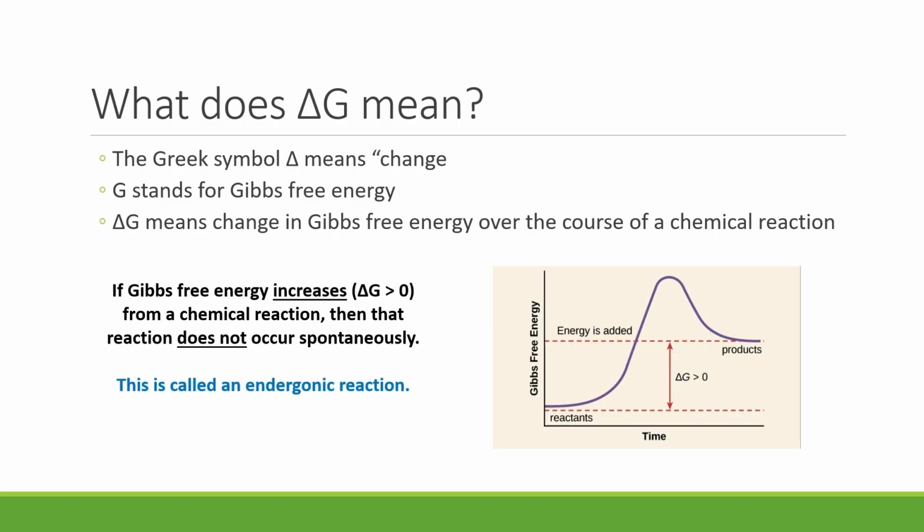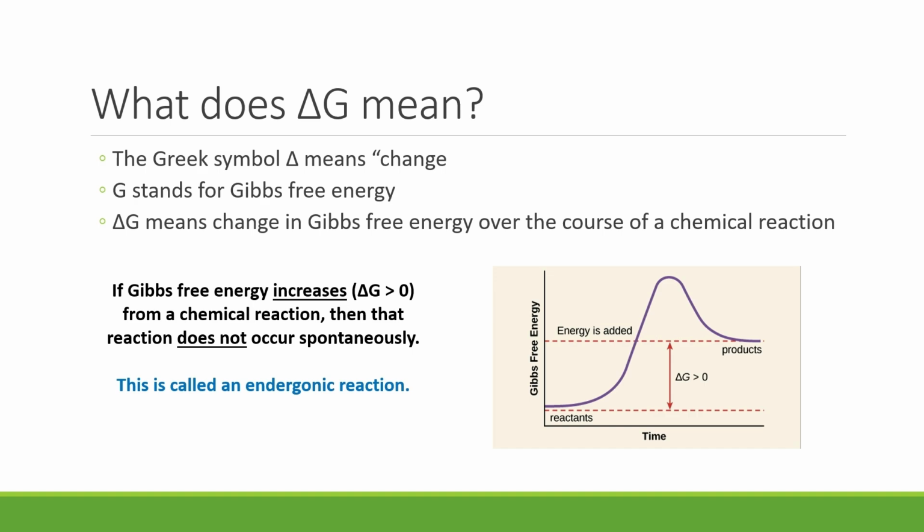Well, let's have a look at a reaction where Gibbs free energy increases. If Gibbs free energy increases, that means that delta G is greater than 0, meaning that there's an overall greater amount of free energy at the end compared to the beginning. The change in free energy is a positive number.